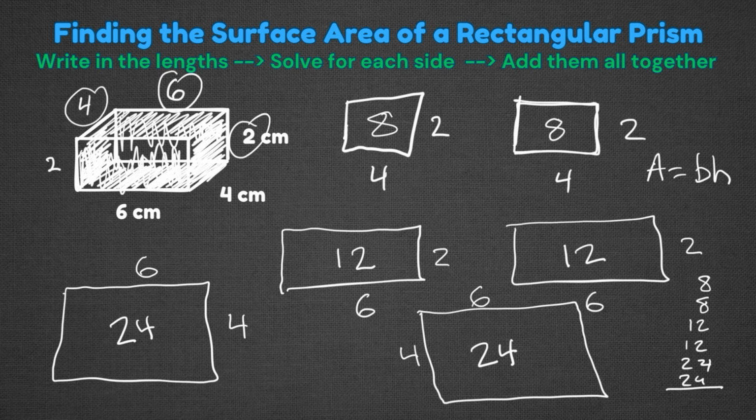The 8s go together with the 2s, and that gets me 20, plus the 4 and the 4. So that means there's going to be 28 ones. 2 goes here. 2, 3, 4, 5, 6, 7, 8. So the actual area of this rectangular prism is 88 centimeters squared.